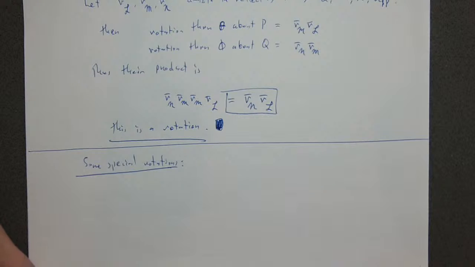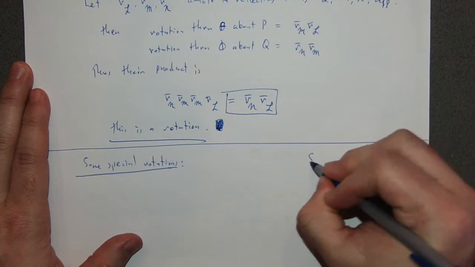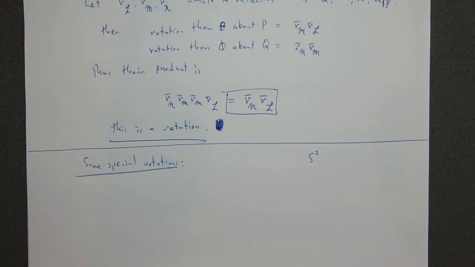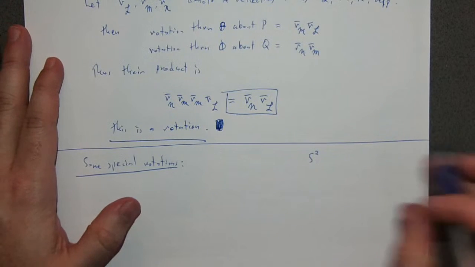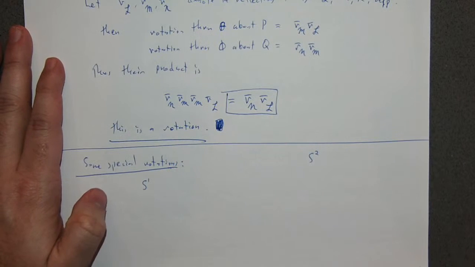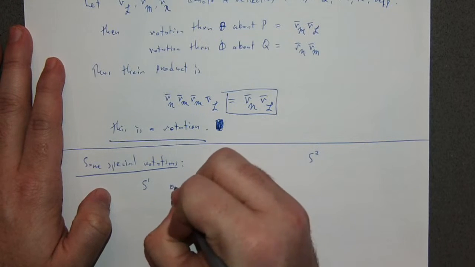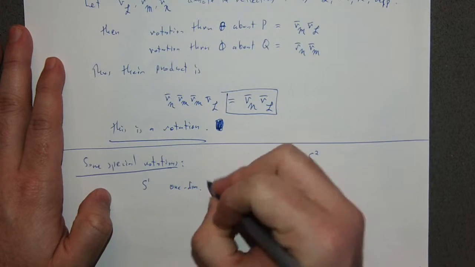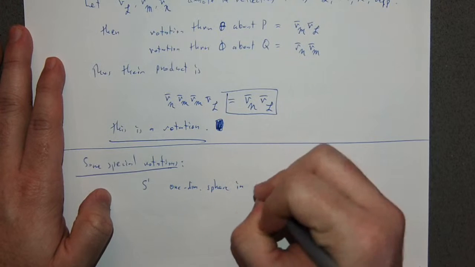Anyway, what are these special rotations I want to think about? So there's a reason why I've used the notation S2. Yes, it's a two-dimensional sphere. I can talk about S3, S4, S5 that are higher dimensional spheres, but I'm not going to. But I can talk about S1, which is the one-dimensional sphere. You already know what the one-dimensional sphere is in R2. So this is the one-dimensional sphere in R2.